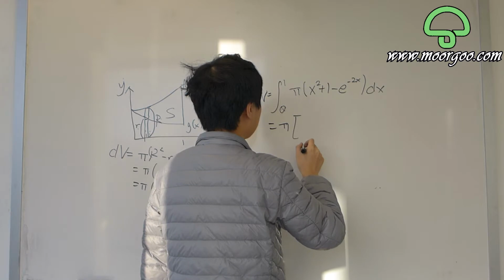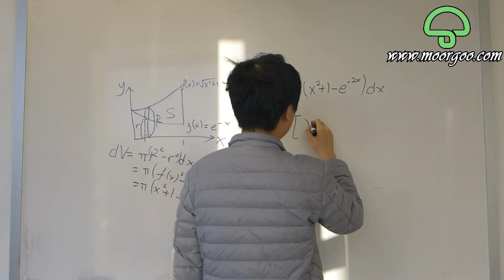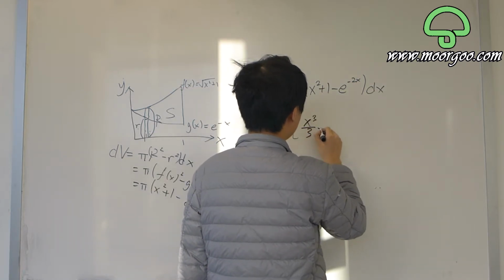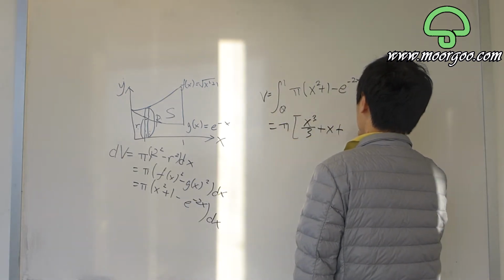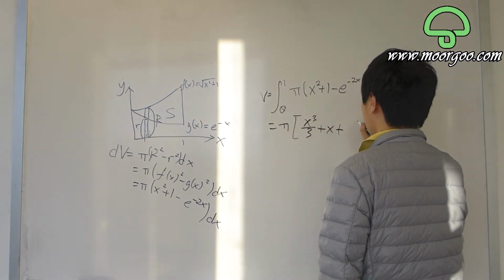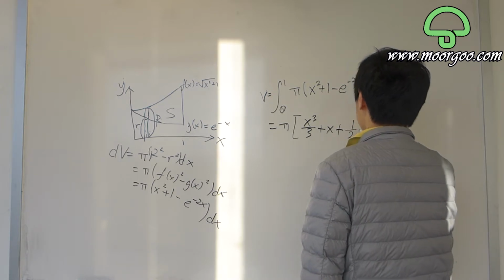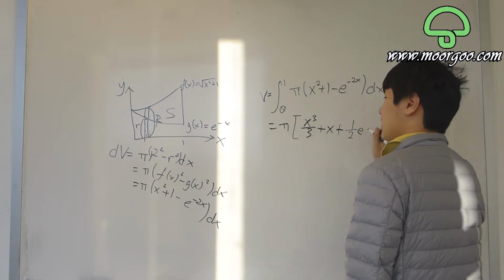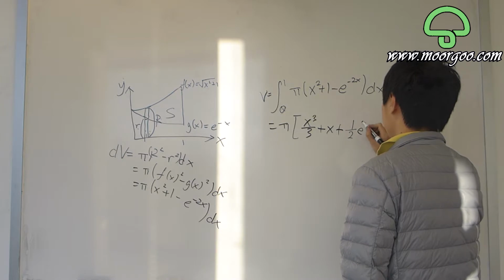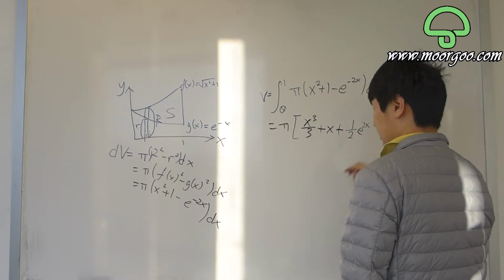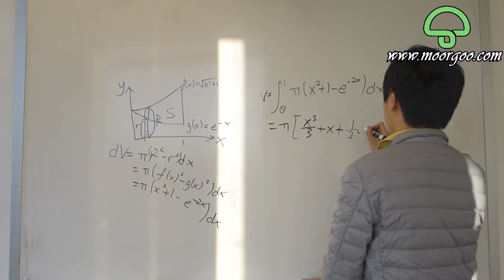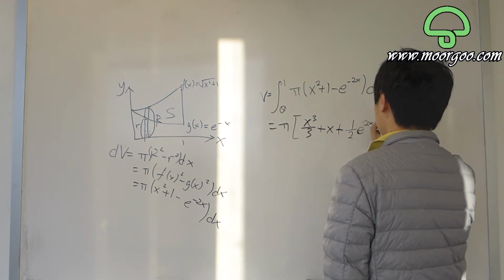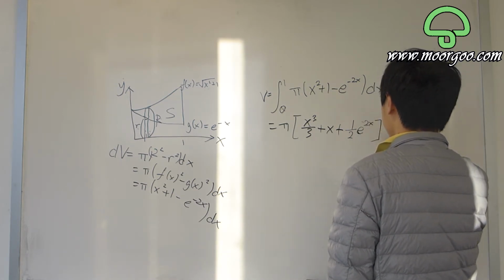we integrate term by term again. What is the antiderivative of this? By just observing, pretty sure we could find this just by observing.